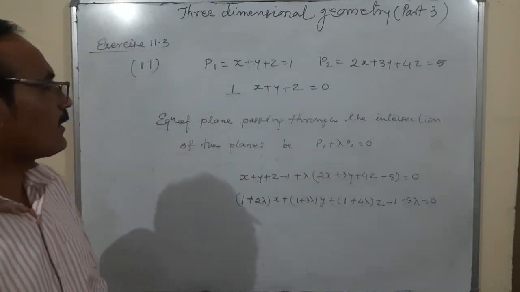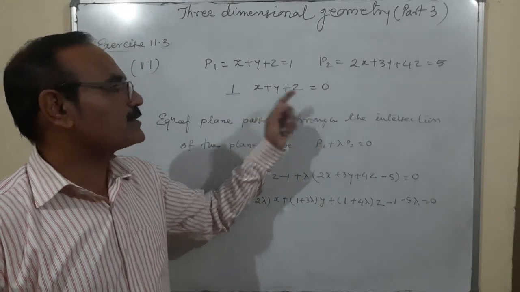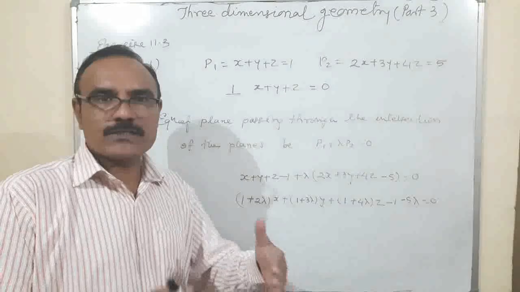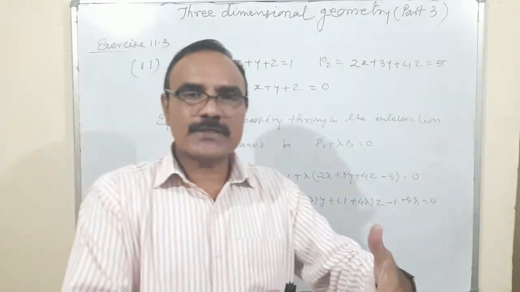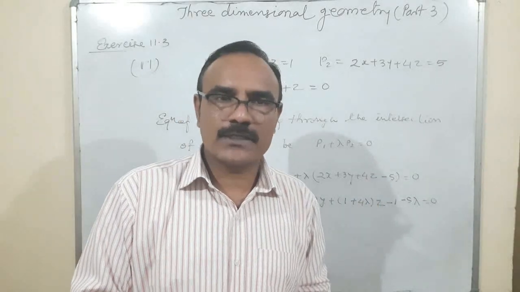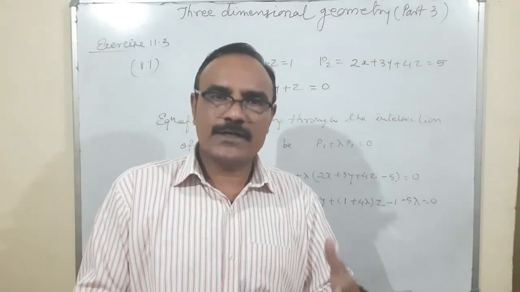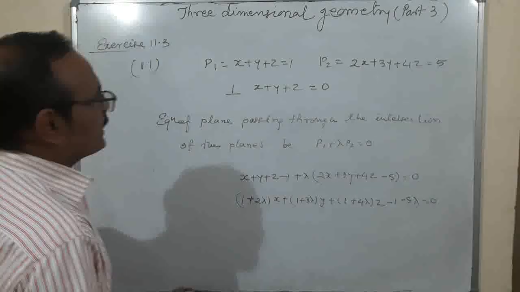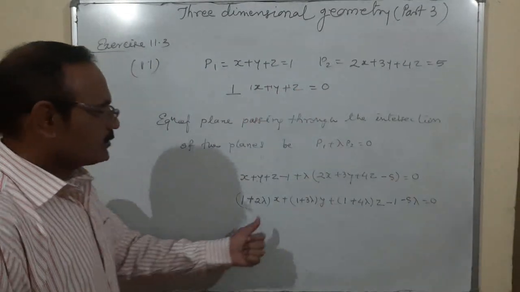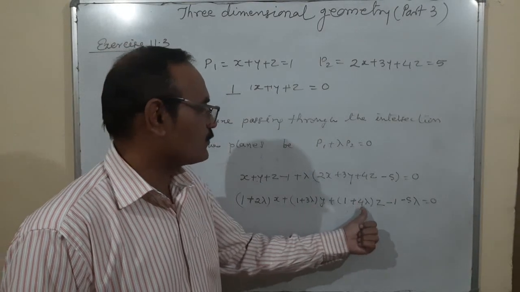Is it okay? And this is perpendicular to x plus y plus z. If this plane is perpendicular to it, what does it mean? It means the normals of the two planes are perpendicular to each other, and if two normals are perpendicular, their dot product is equal to 0. The direction ratios of the normal of this plane are 1, 1 and 1, and of the other plane 1 plus 2 lambda, 1 plus 3 lambda, 1 plus 4 lambda.